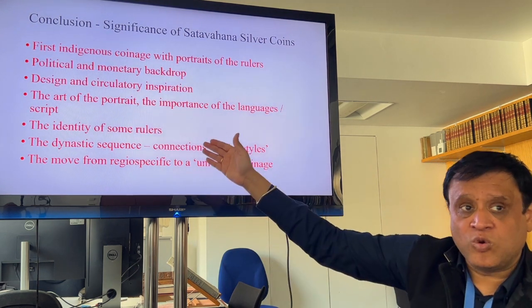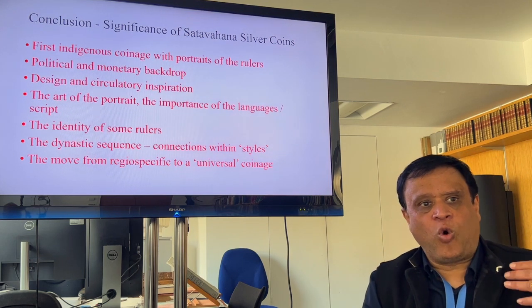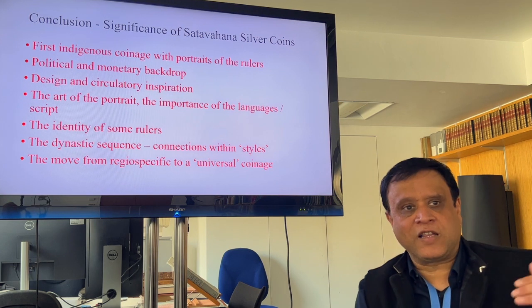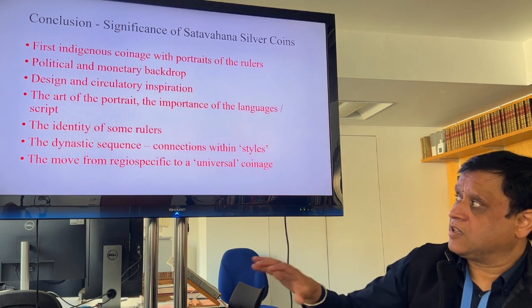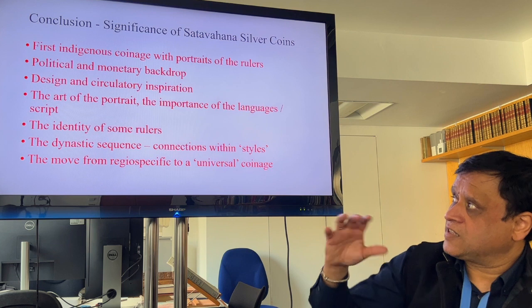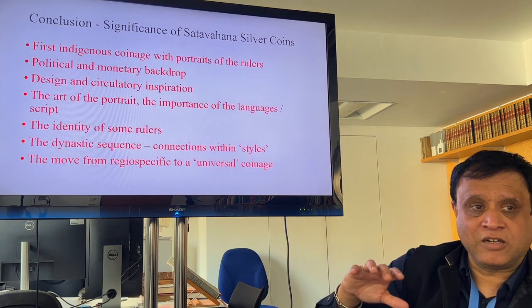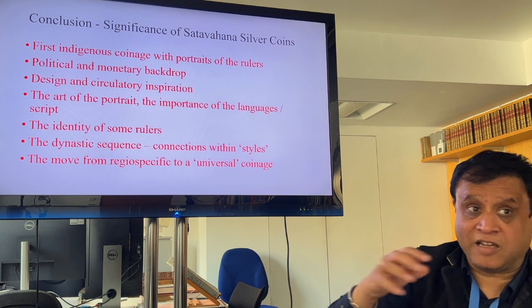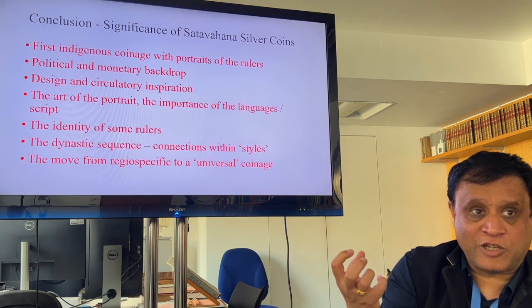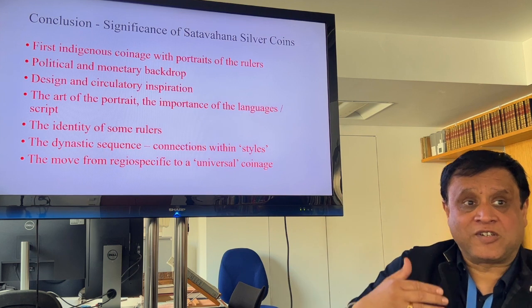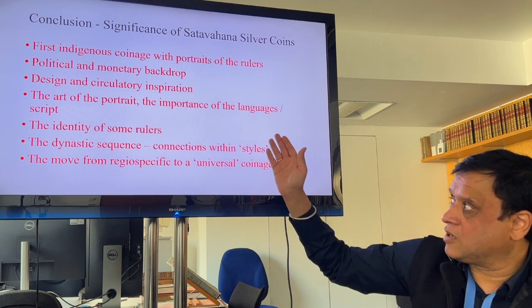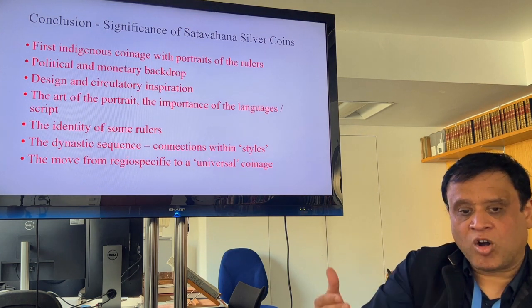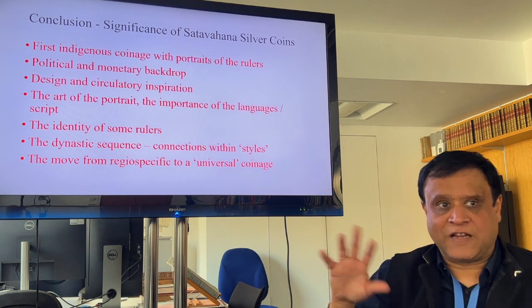What they do is that they sort of co-opt the silver regime that was introduced by Nahapana, and as a result, the characteristic that I first talked about, the regional orientation of coin types and the tight regional circulation, that feature sort of dies down, and the currency regime under the Satavahanas moves towards a more universal regime.